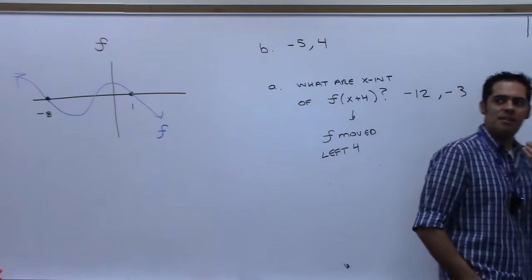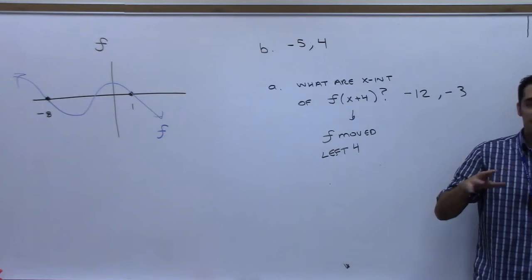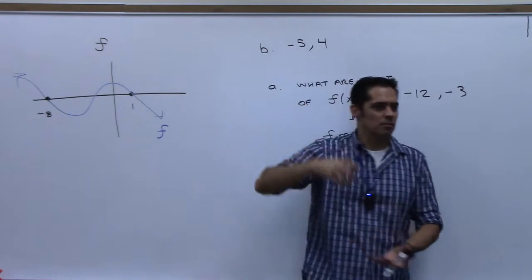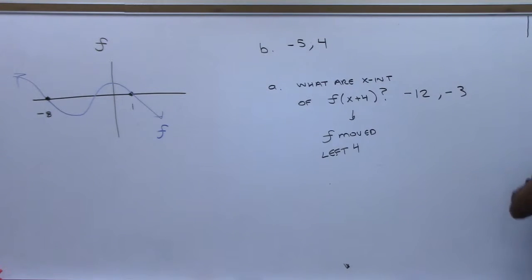The 2 inside is going to be some sort of compression or stretching, right? If this point is 0, how do you stretch 0? You don't, do you? How do you compress 0? You don't. Therefore, it doesn't move. Understand? It doesn't move at all.